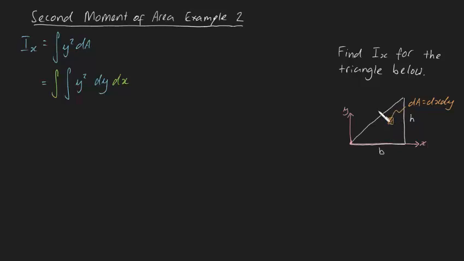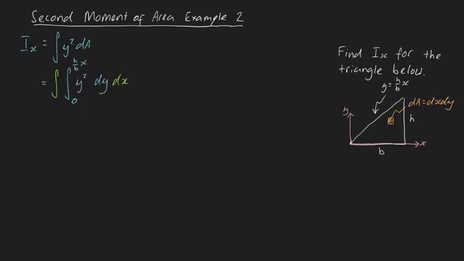This is a line going through the origin, with the equation y equals rise over run, so that's h divided by b times x. This is the equation of the line. So our element sweeps out a range from y equals 0 to y equals h on b x.